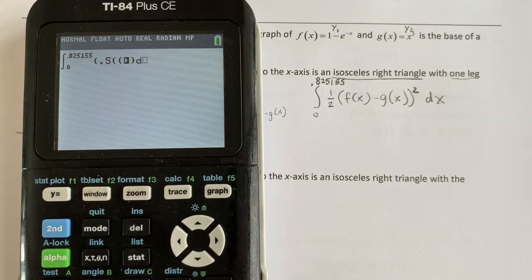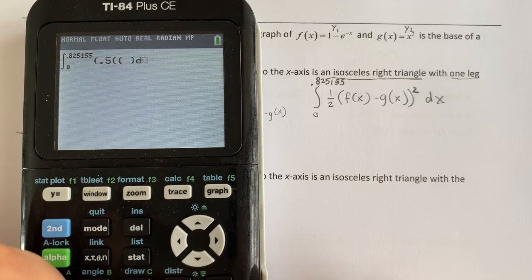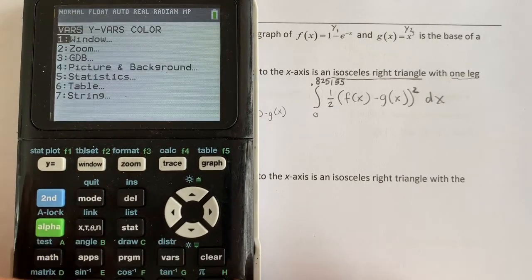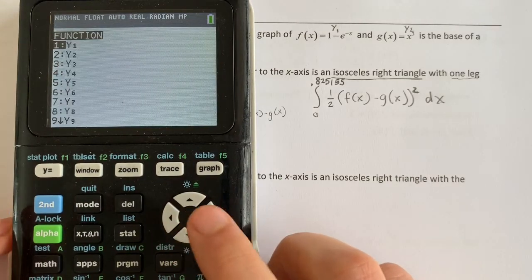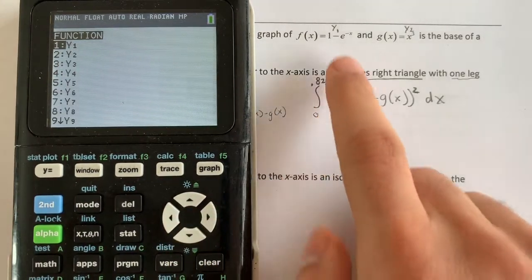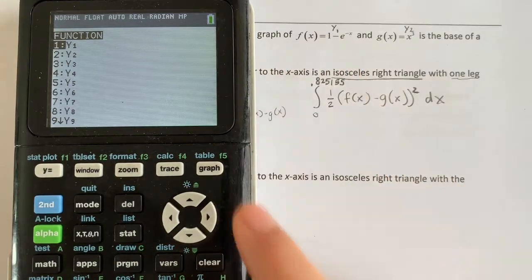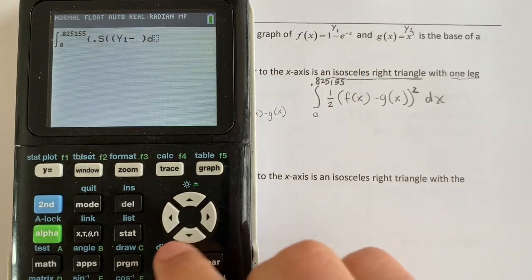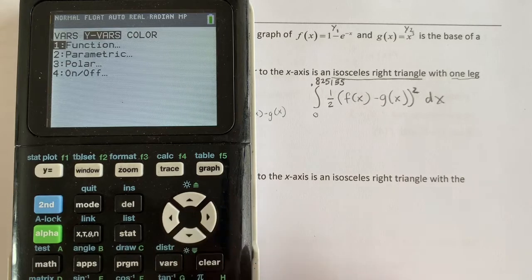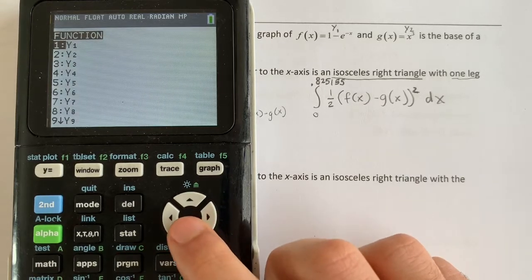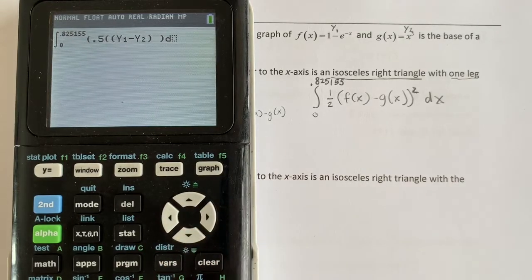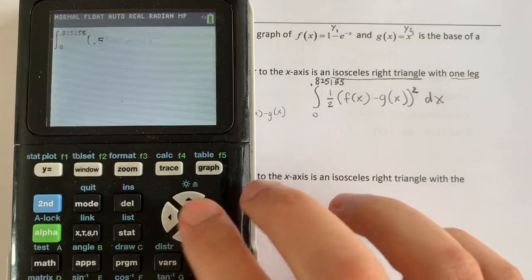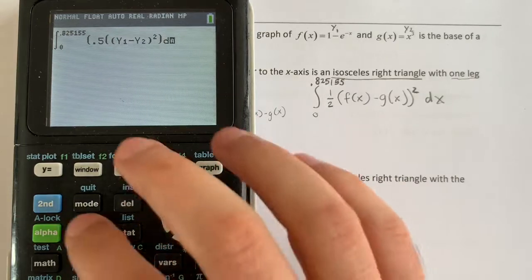So I'm going to put another parenthesis here, and then press vars right here. Go to the right to function, y-vars, and then f of x minus g of x would be y2 minus, and then press vars again, go to the right, and then now y1. And then I can close that parenthesis, square it, and then dx.